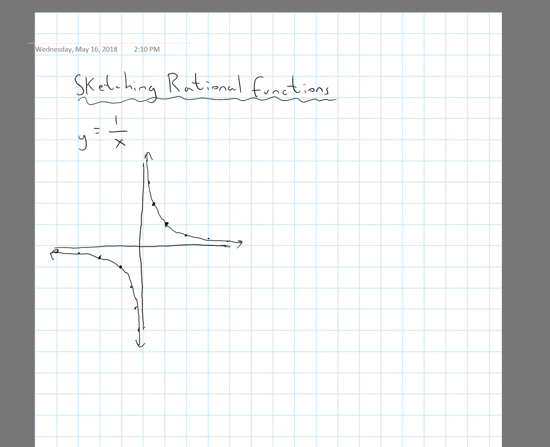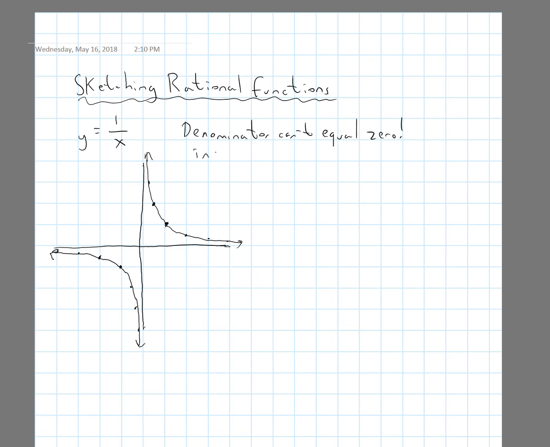The main lesson of this, in a rational function, the denominator can't equal 0, ever. We know we can't have denominators being equal to 0. That's something we've talked about last year and this year.